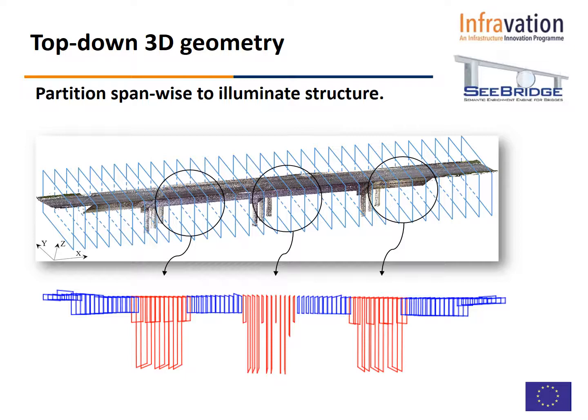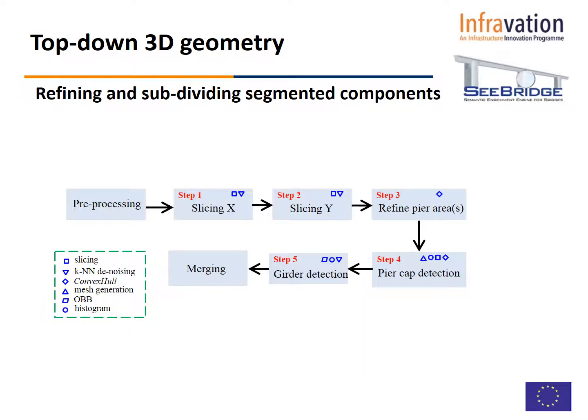We can take that knowledge and say cross sections with certain geometries must belong to certain parts of the bridge, and in particular the ones where a lot of action happens are at the piers, denoted by red. If we can identify the piers, then the geometry of these cross sections at the piers can inform us a lot about what the bridge contains, and then we can extrapolate that out and look at the blue ones in order to identify the remaining structure, such as the decks.